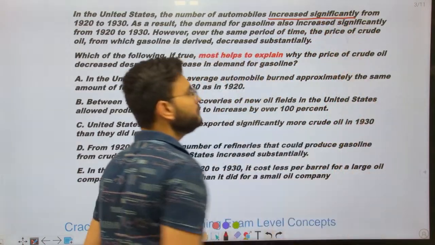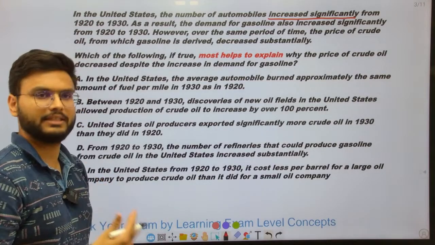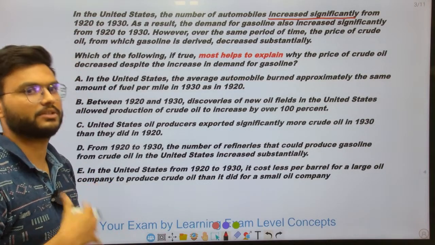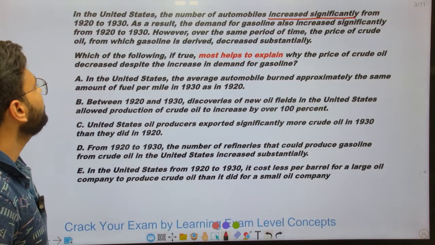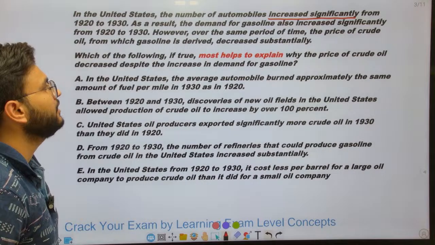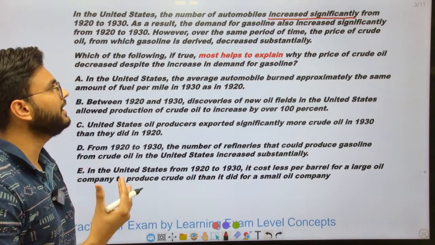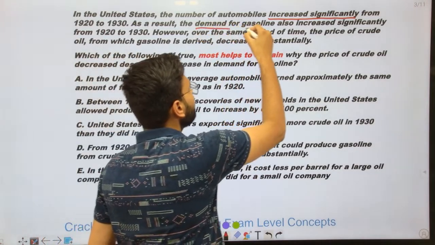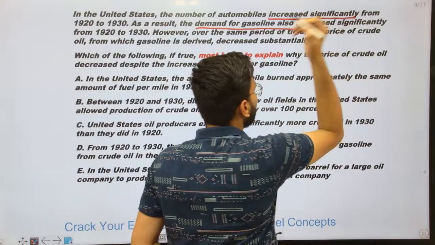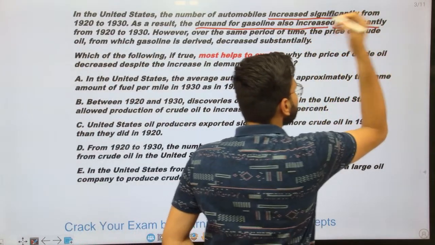We have to assume this idea to be true. If it says it has increased significantly, I have to assume yes, it has. As a result, the demand for gasoline also increased. Now there is another variable. If the number of automobiles increased, the demand for gasoline automatically also increased, and by a significant amount.